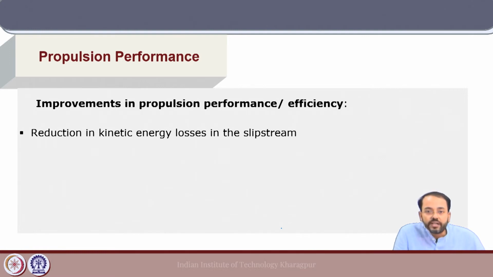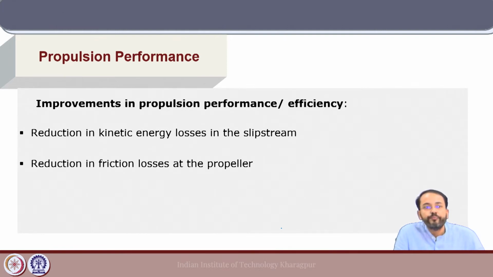When a propeller operates, it generates a thrust and there is a slipstream of the propeller where certain kinetic energy losses occur in the form of axial kinetic energy, rotational, and also the losses due to the vortex shed from the propeller blades. If some of those losses are reduced, then the efficiency can be improved.